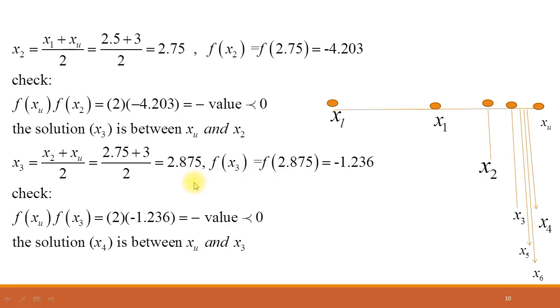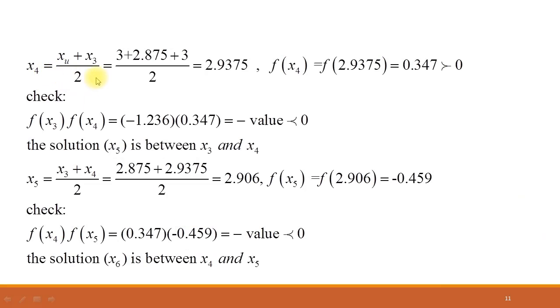So for the x4th root, x4 lies between x3 and xu. So adding xu and x3 divided by 2, we obtain x4.